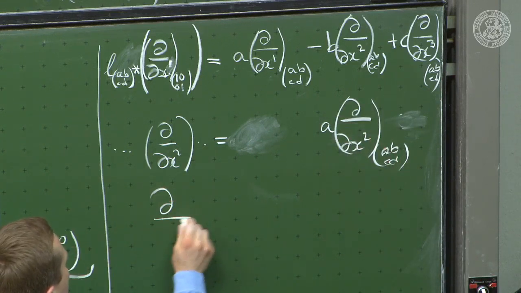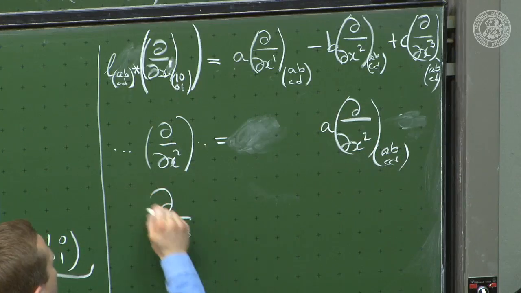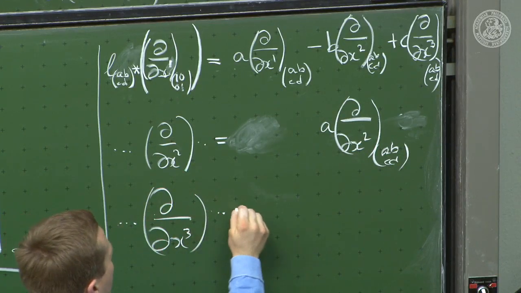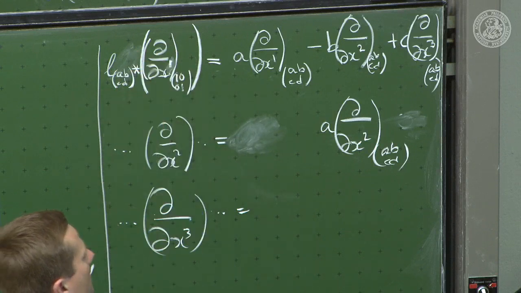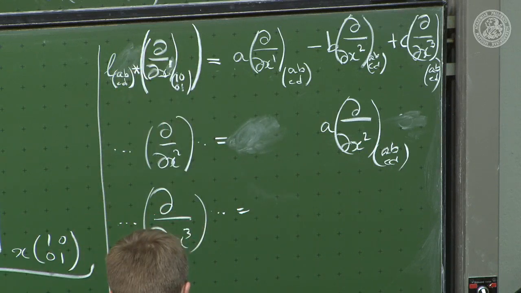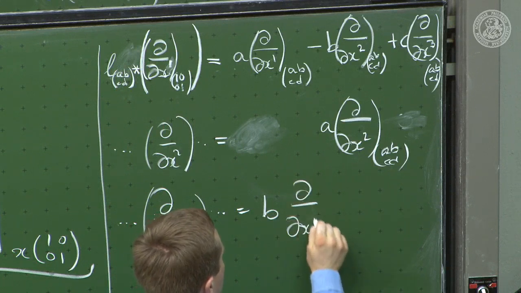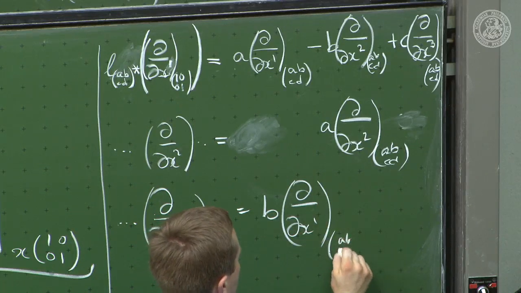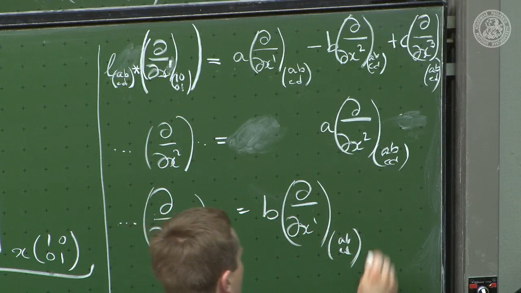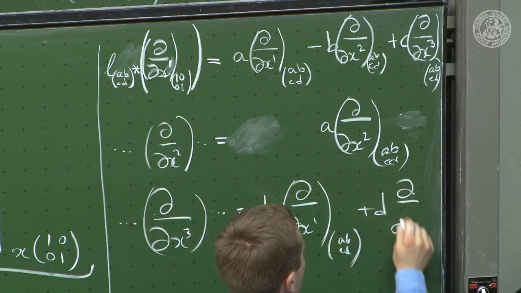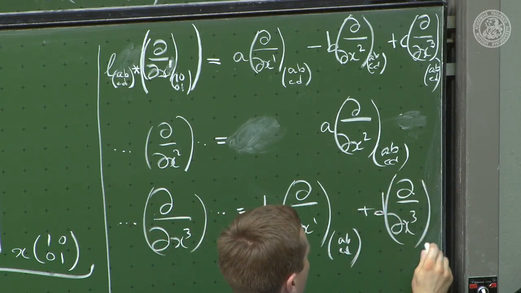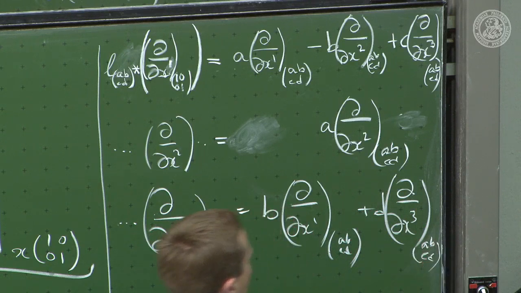And the final one is the push forward of the x3 at the identity, this whole dressing up here, and you get b0d. So you get b d by dx1 at A, B, C, D plus d times d by dx3 at A, B, C, D.